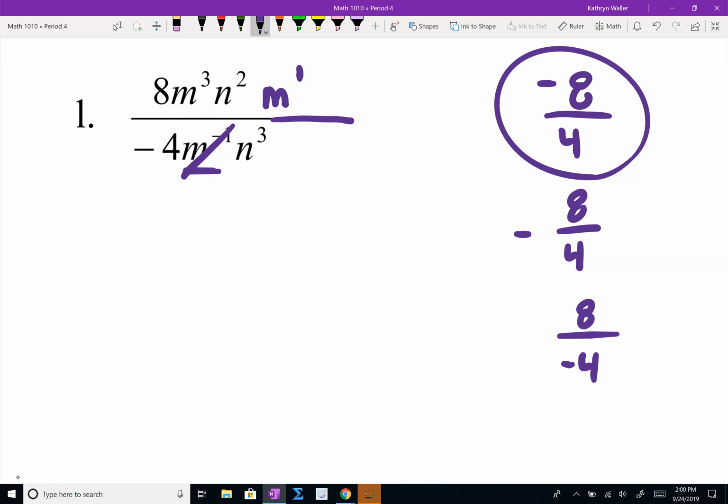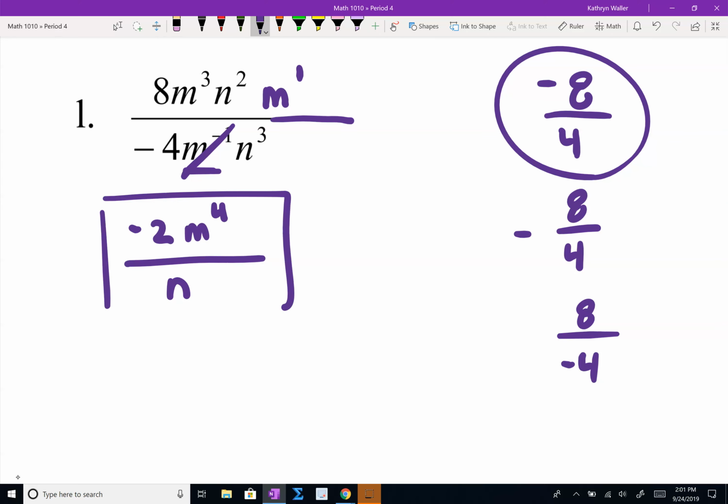So 8/4 is a 2, but I know it's going to be a -2. So I'm going to write it like that. And then m's on the top, 3 and 1, gives me 4. Look at your n's. Do I have more n's on top or more n's on bottom? On the bottom. How many more? 1 more.